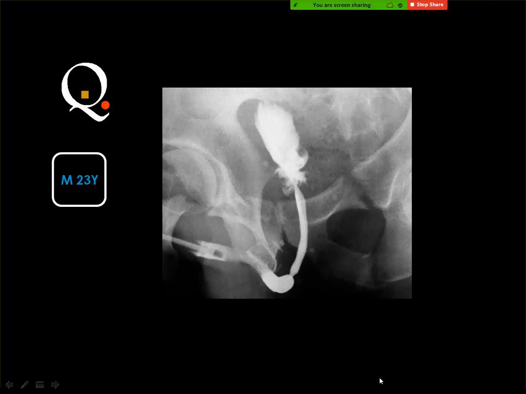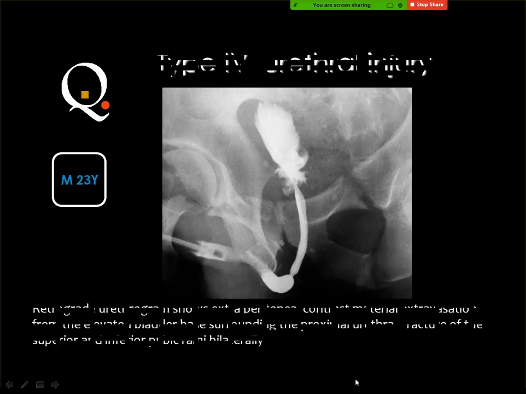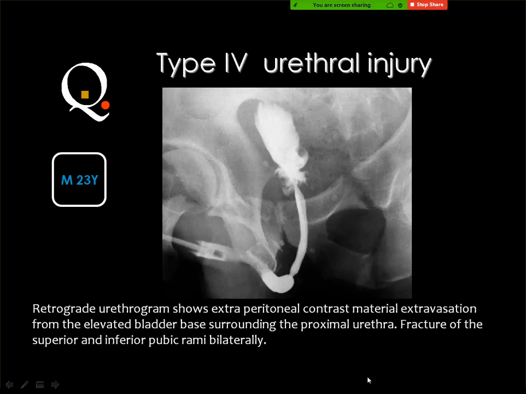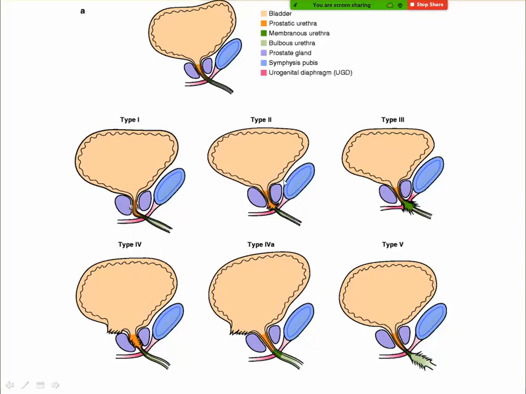Trauma. Urethral injury, urethral rupture. Yes, and you see the fracture of the pelvis, the iliac bone, and you see the rupture of the urethra at its attachment to the urinary bladder. This is what we call type 4 urethral injury, and here are the types.